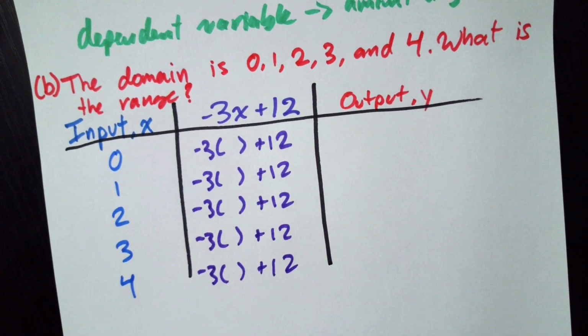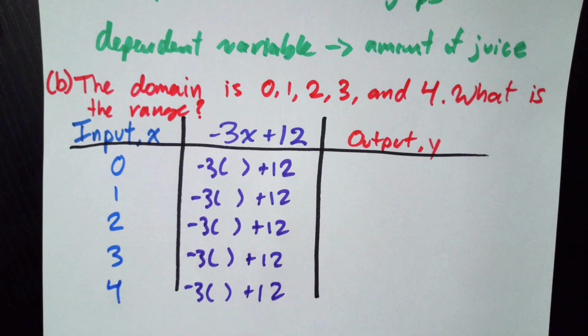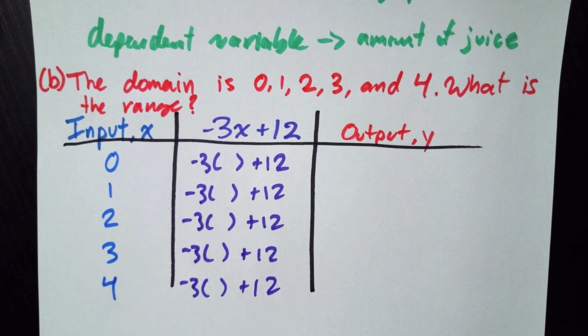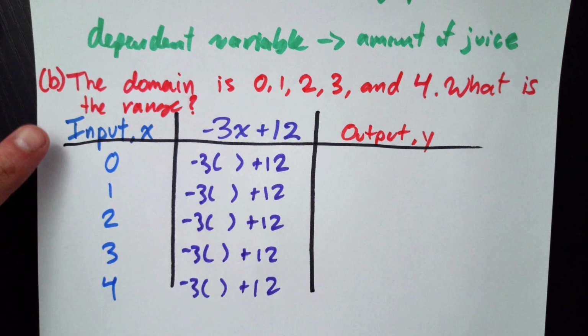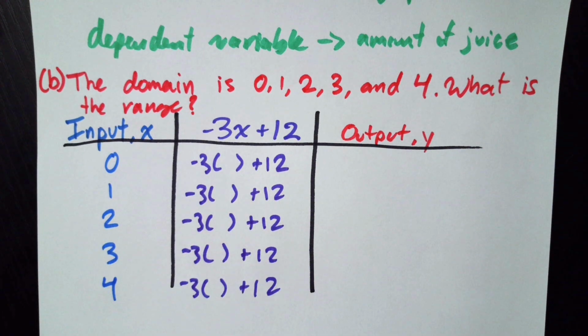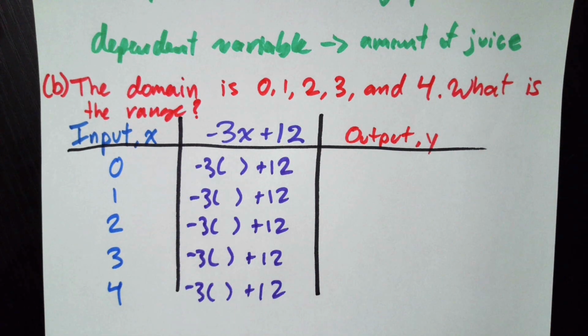All right, so let's see what we got here. Let me straighten this paper. There we go. So we have our input. When my input is 0, remember, inputs are the amount of gulps we're taking. So if I take 0 gulps and my water bottle holds a total of 12 ounces, let's see what that gives us.